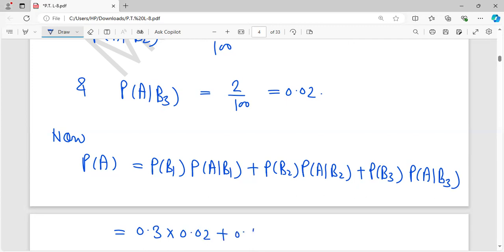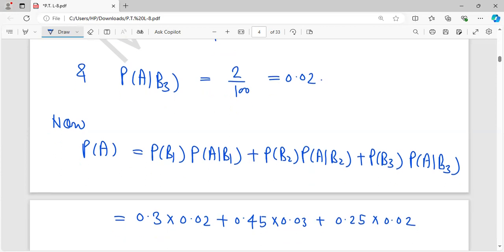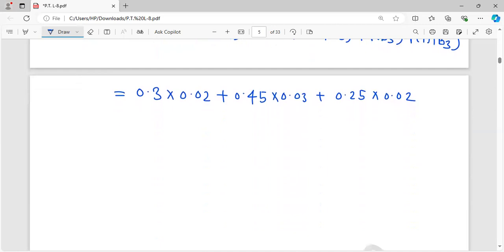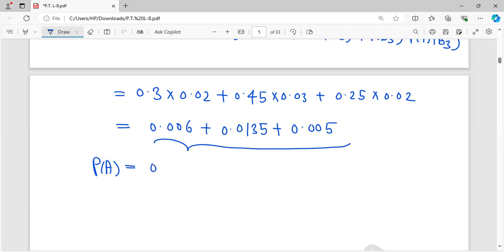This is 0.006, plus 0.0135, plus 0.005. And the final answer, P A, the sum of these three, is equal to 0.0245.